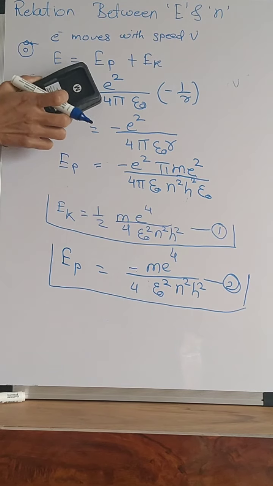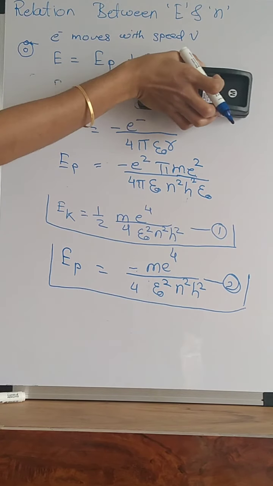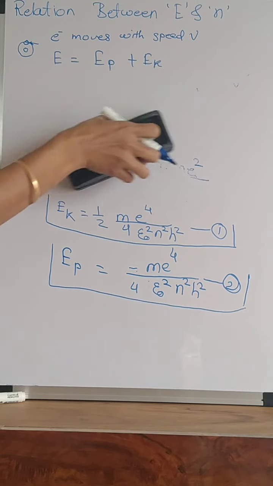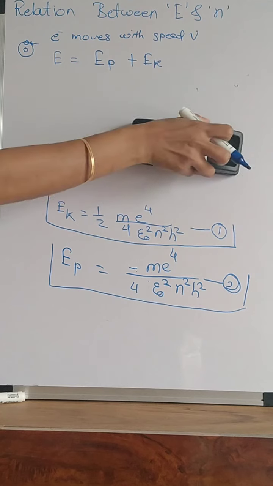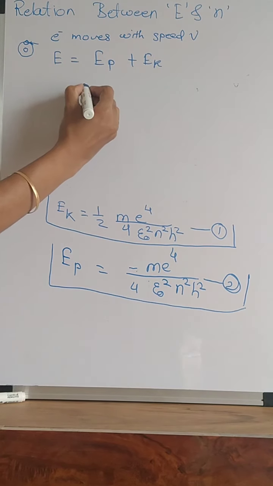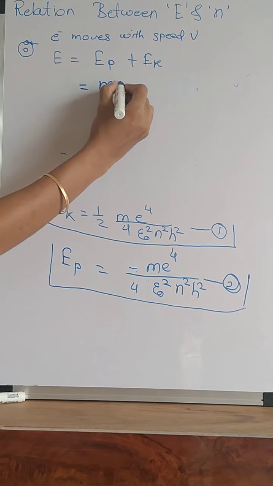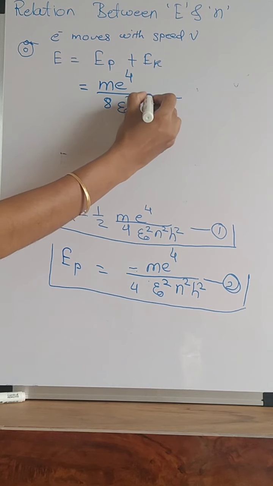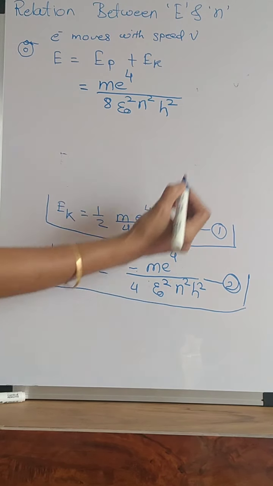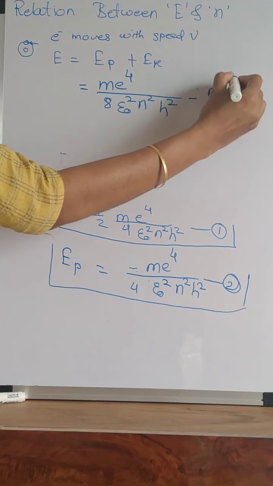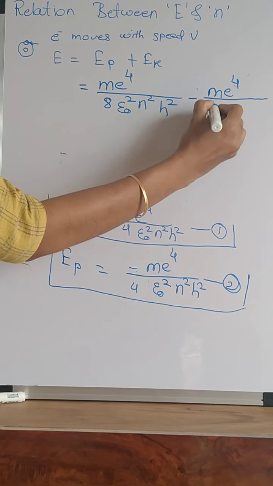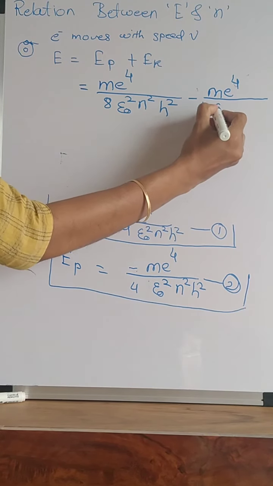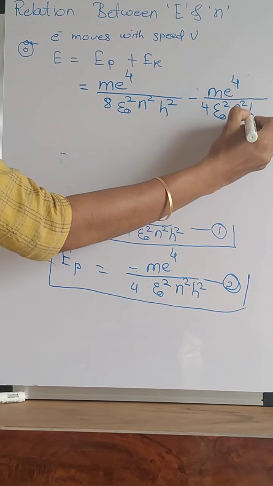Therefore, the total energy will be m e raised to 4 upon 8 epsilon naught square n square h square minus m e raised to 4 upon 4 epsilon naught square n square h square.